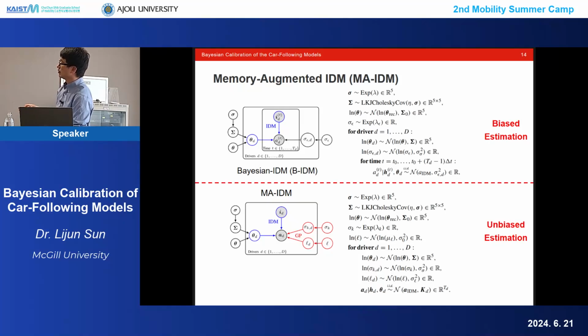And in the revised framework, the memory augmented IDM framework, the difference is that for the whole trajectory, I build a kernel function, which is a covariance function. And I assume that over the whole trajectory, the acceleration comes from a multivariate Gaussian distribution.